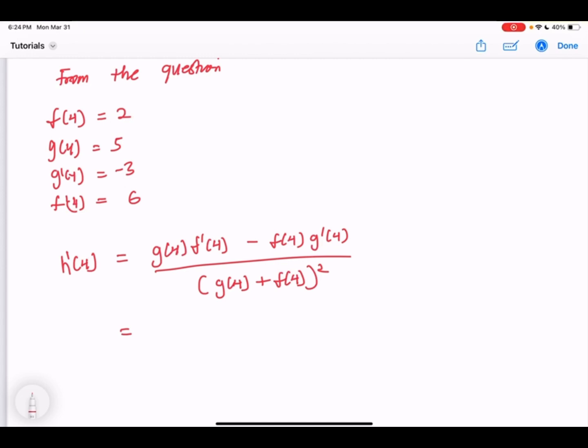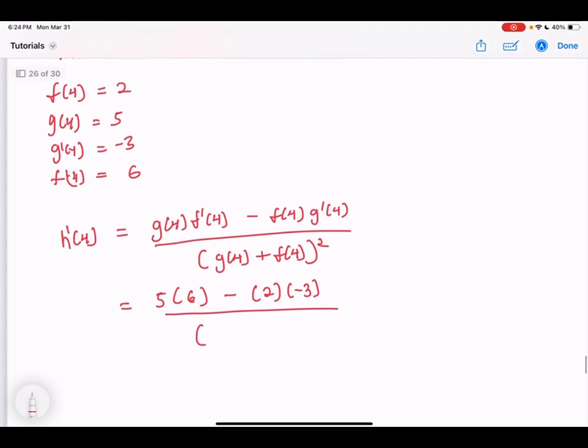Now what's g of 4? That's 5. What's f prime of 4? That's 6. Minus what's f of 4? That's 2. What's g prime of 4? That's minus 3. All divided by g of 4 is 5 plus f of 4 is 2 all squared.